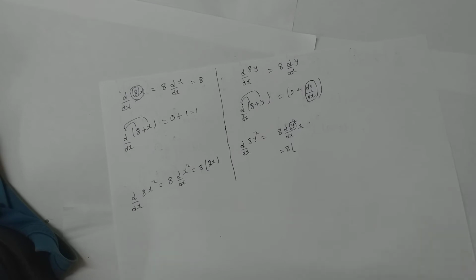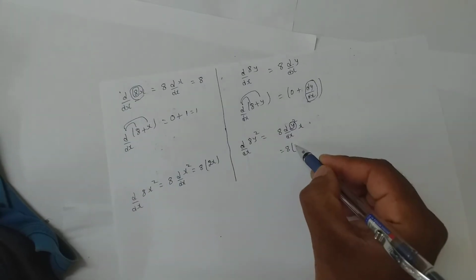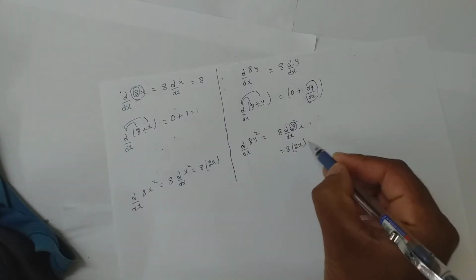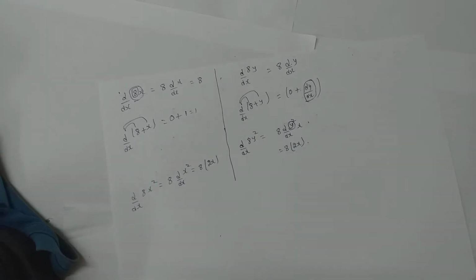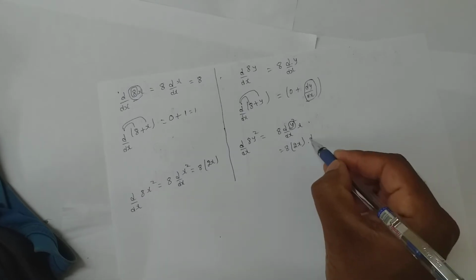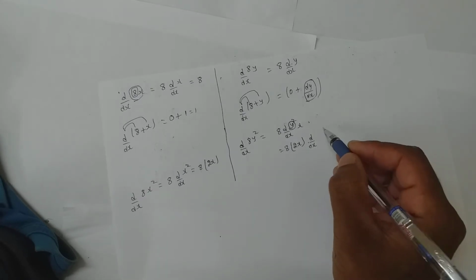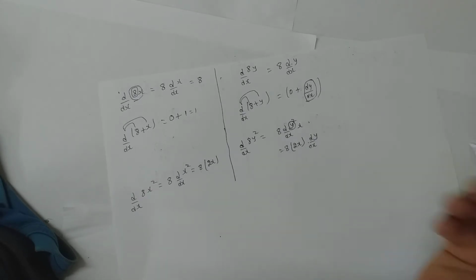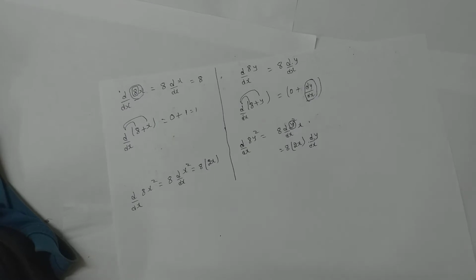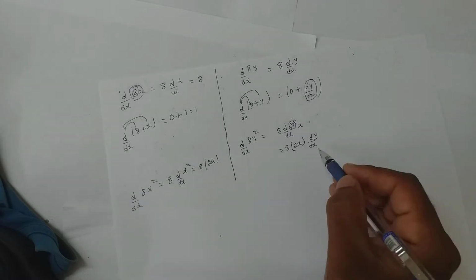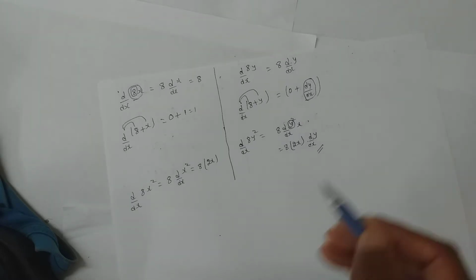So now it is of the form x square. So x square differentiation is 2x into, this internal part is only important in A level, into d by dx of, in place of x, whatever you have assumed should not be missed. If there is x, no need of that internal part, but other than x, if any other letter, the internal part should be there at last. So this is the answer.